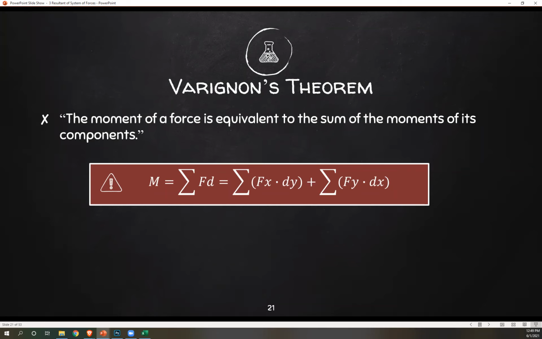Using components, M is equal to the summation of forces x times their perpendicular distance y, that's distance y, not differential y, plus the summation of forces y times distance x. Again, that's distance x, not differential x. To illustrate, let's have this figure.